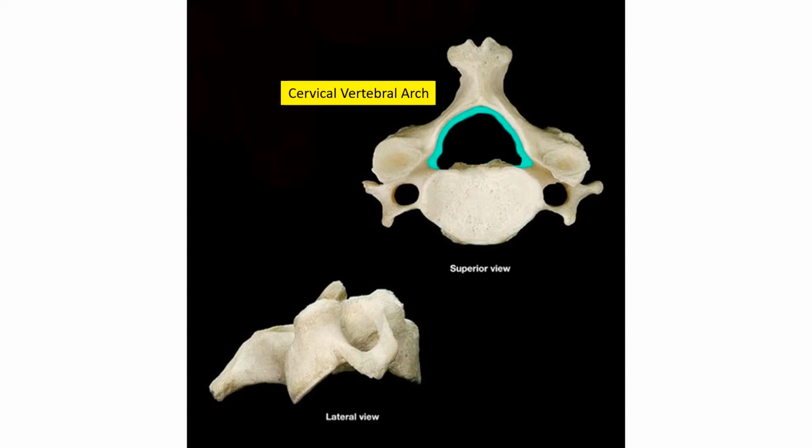The first structure we talked about was the body, which is the most anterior part of the vertebra. Then as we go posterior, we see a cavity or a big foramen in the vertebra, marked green. This is called the cervical vertebral arch.